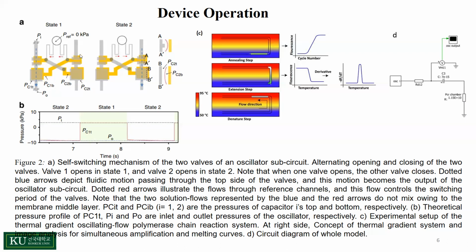In the meantime, the valve 2 pressure was enough to open. At 3 kilopascal, when it reaches the valve threshold pressure, valve 2 opens, and these things happen again cyclically.